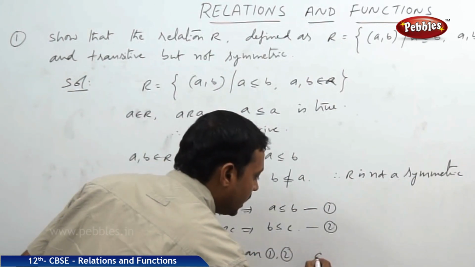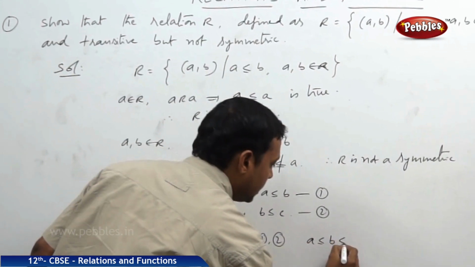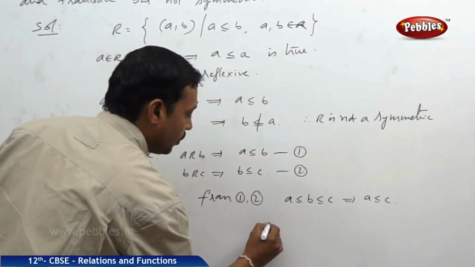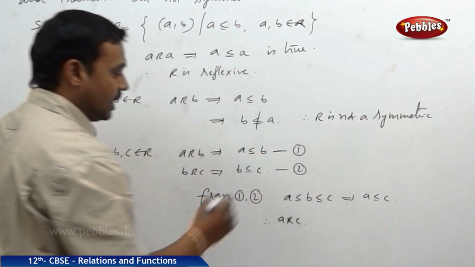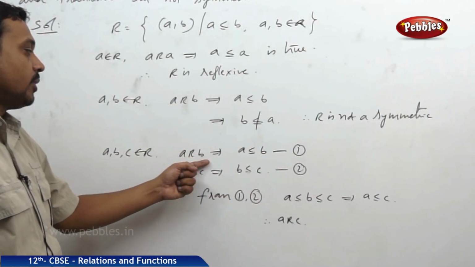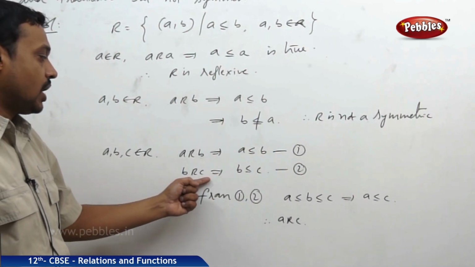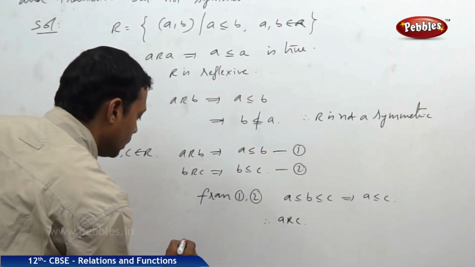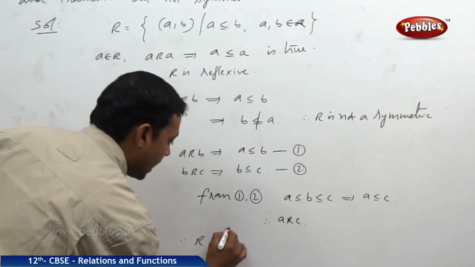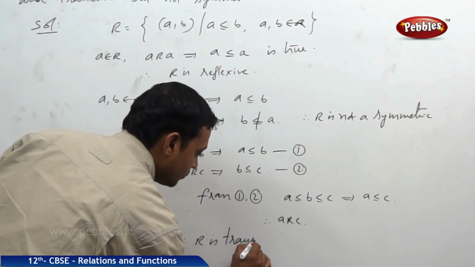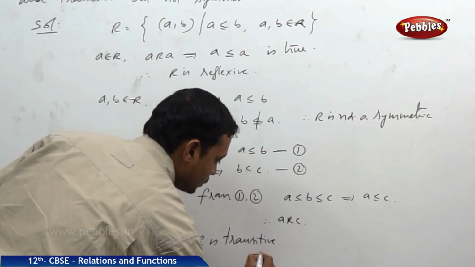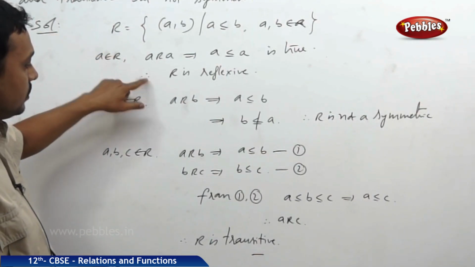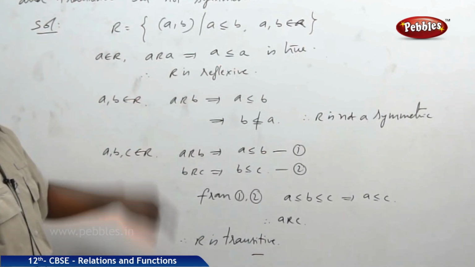From 1 and 2, A less than or equal to B, but B less than or equal to C implies A less than or equal to C. Therefore, A is related to C. Hence, (A, B) belongs to R and (B, C) belongs to R implies (A, C) also belongs to the same relation. Therefore, the given relation R is transitive. So finally, the given relation is reflexive, transitive, but not symmetric.